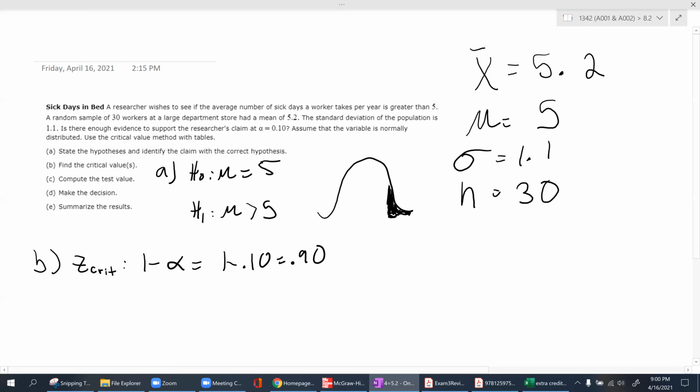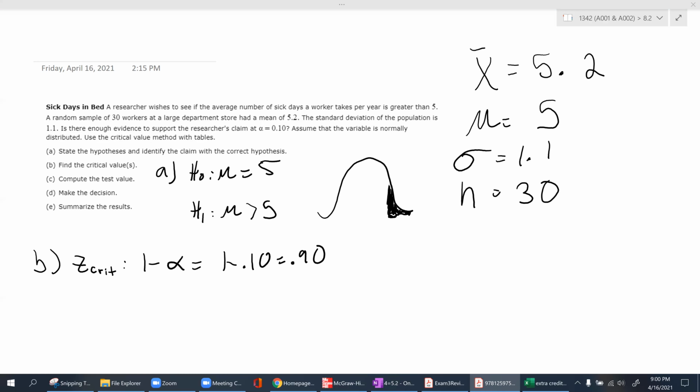So the value I'm looking for in my table is 0.90. I'll go ahead and try to find it. 0.9000. Very nice. I see 2 of them.